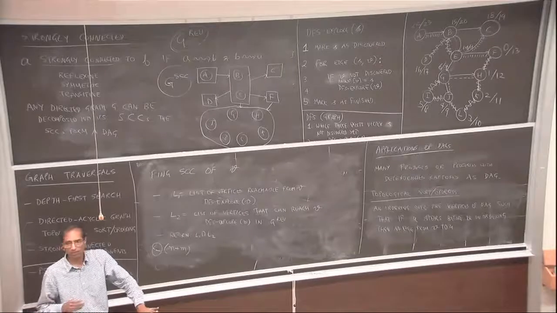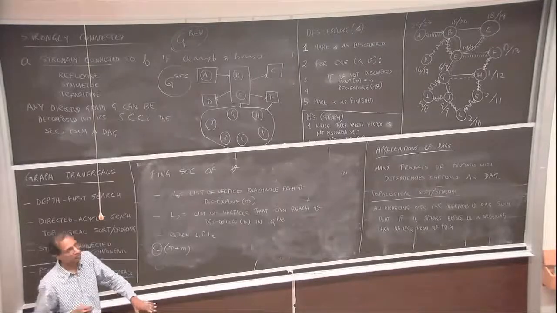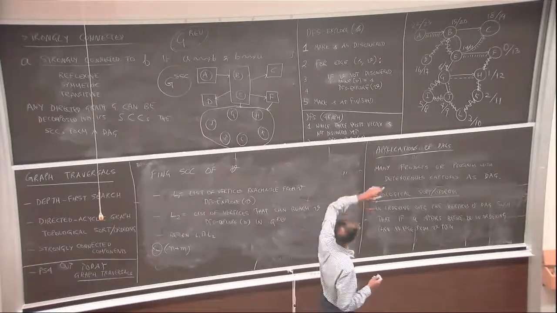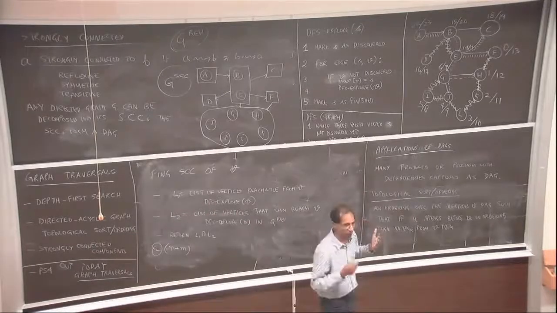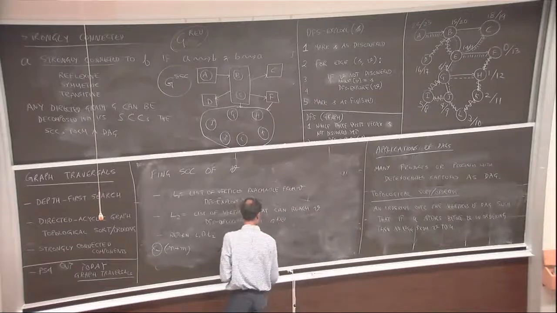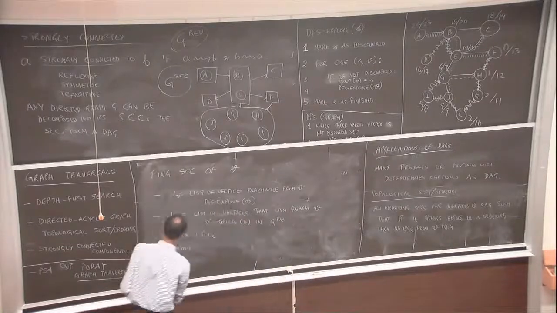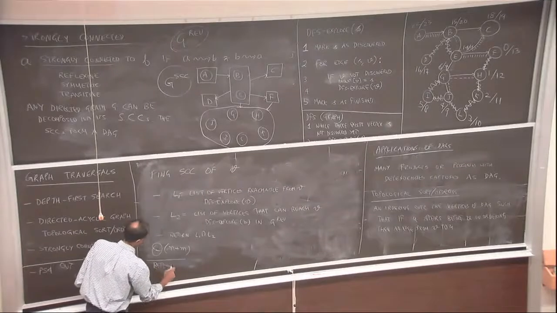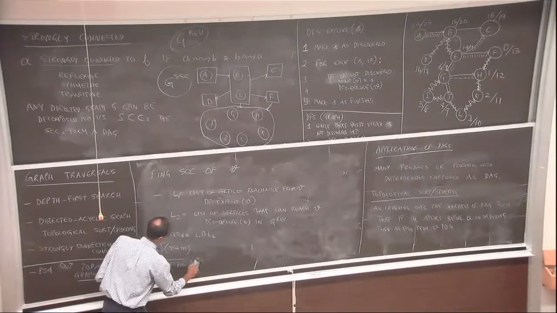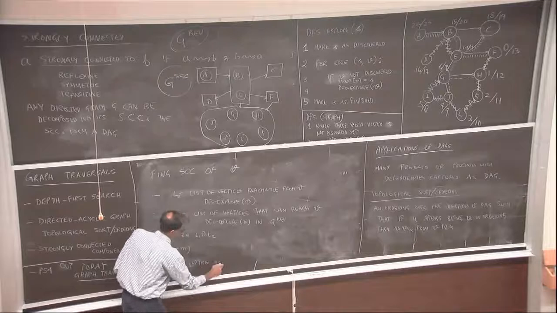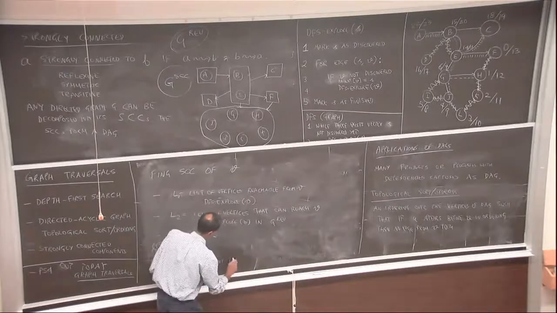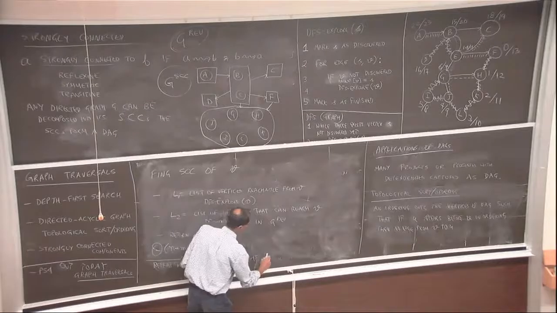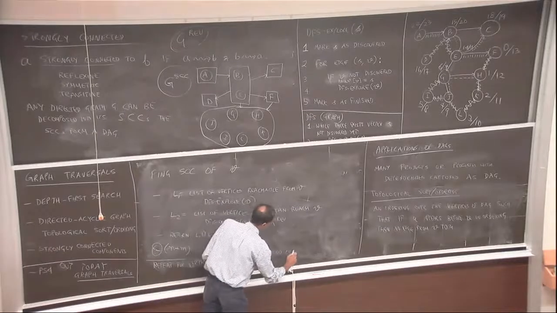But what will be the running time of that? Worst case, I might do it for A, then I might do it for D, then I might do it for C, and so on. So worst case, I repeat for vertices not listed yet to find all strongly connected components.